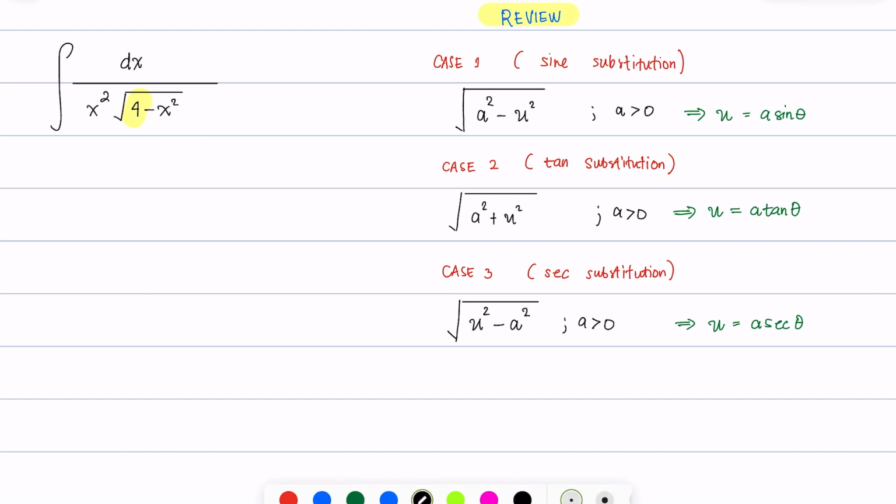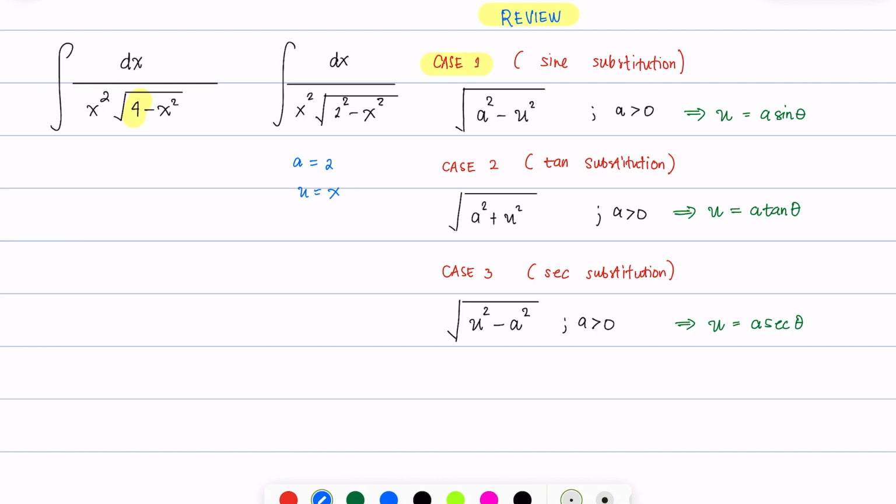So when this is written as 2 squared, this becomes dx over x squared square root of 2 squared minus x squared. It is very clear now that this follows case number 1, where your a is 2, and your u is given by x.